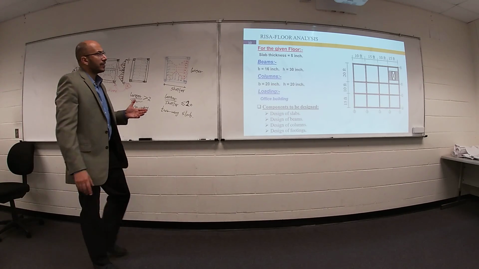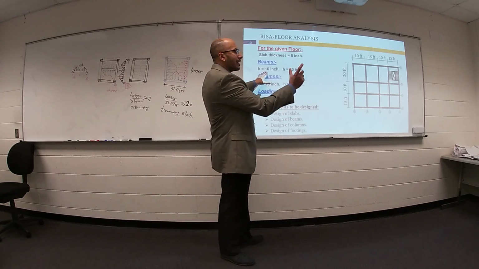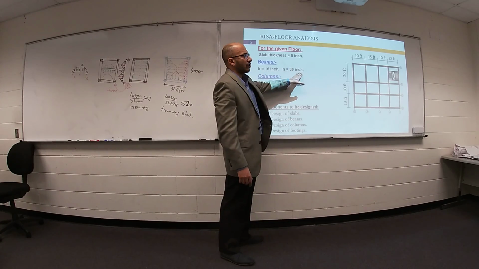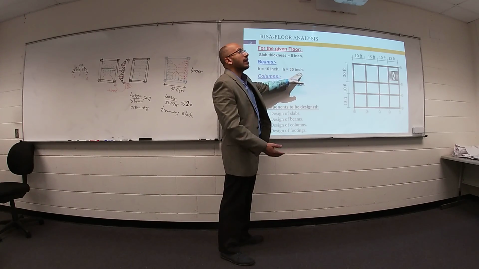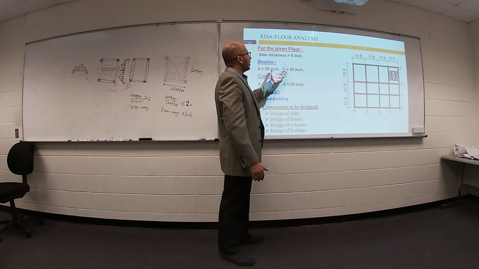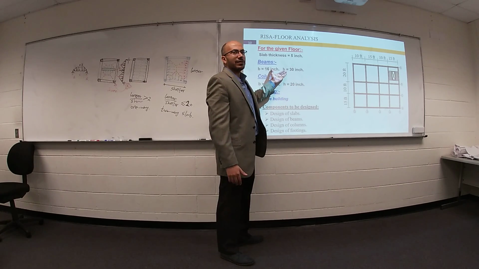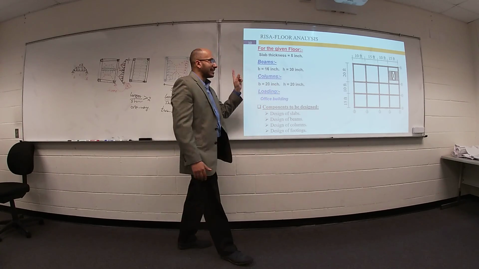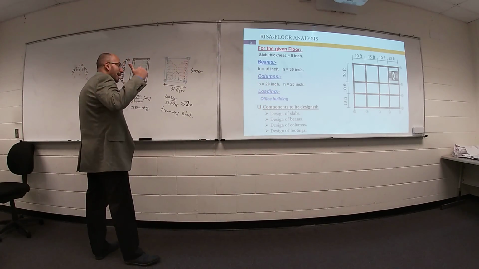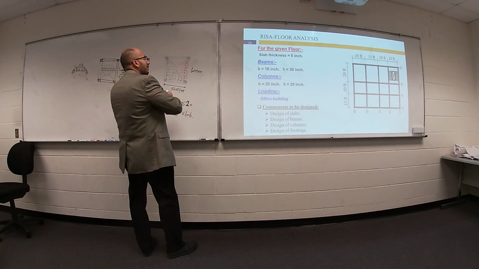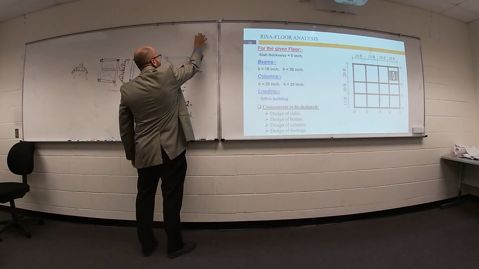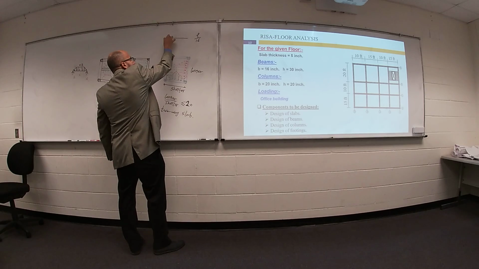Your beams are 16 width and 30 inch. But I didn't design yet, but you can predict your cross section for beams. Do you remember how? Yeah, we have the same table. If you go back to design of beam, I think your span divided by 16 if your beam is simply supported.